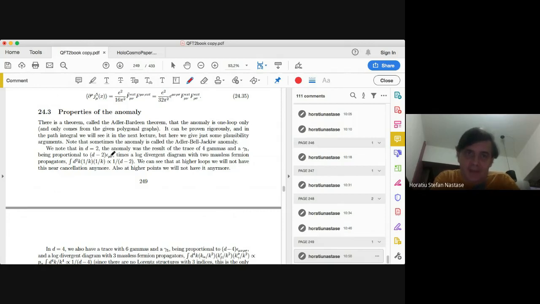That kind of cancellation between a trace coming from gamma matrices that is proportional to d minus 2, and a loop integral, is not possible at higher loops, and also not possible at higher points.